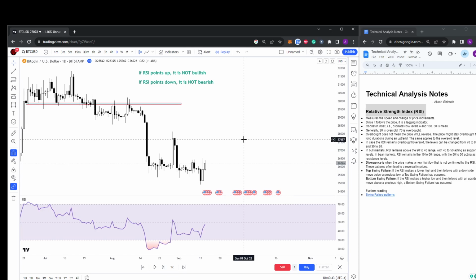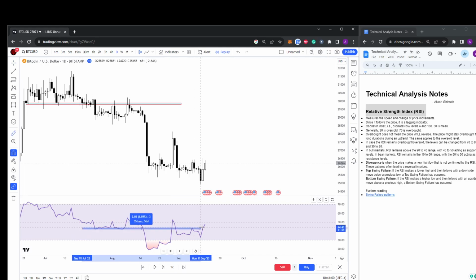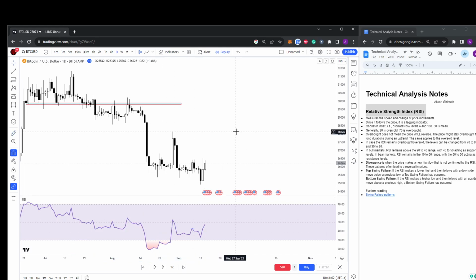Okay, now this is an interesting development, right? If you look at the RSI right now, you can notice that it has been getting rejected at the 50 for a while now, right? Roughly 57 days, and the RSI has not breached 50. Right?